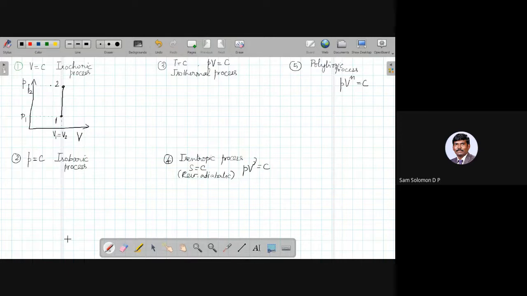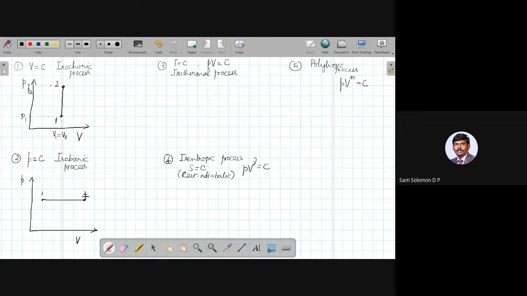Then we have the isobaric process where pressure is constant. So you have the pressure-volume diagram where you have a horizontal line. It is 1 to 2 or 2 to 1, in whichever direction you have the process, so that's why I'm not showing the arrow marks. Both are possible.